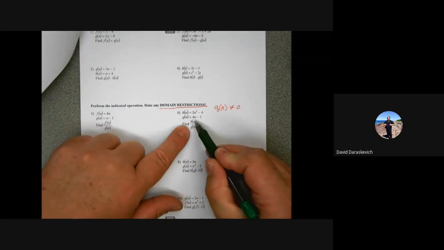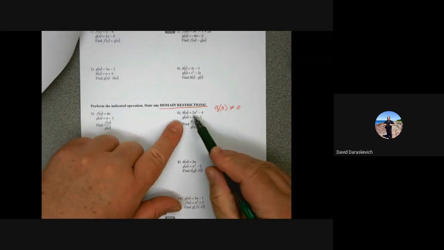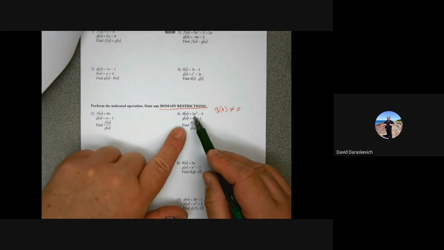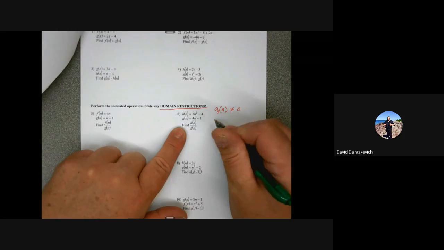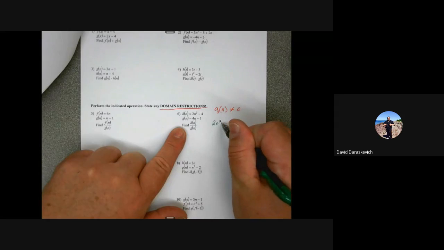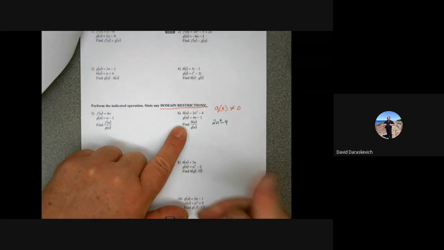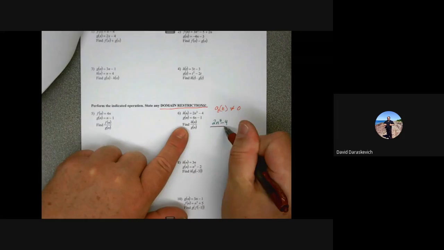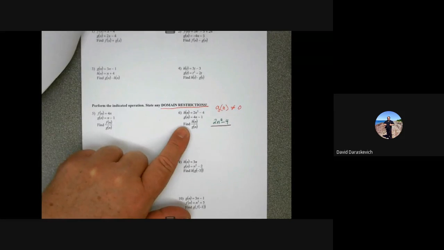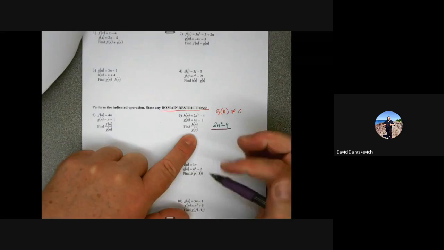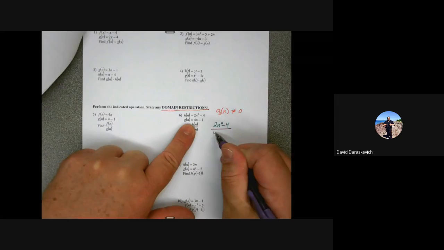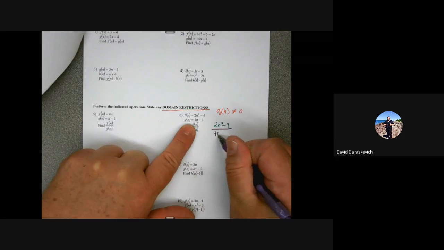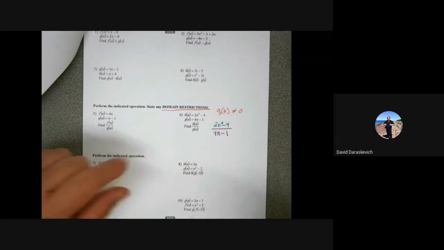So it says find the h of n. So the h of n is 2n squared minus 4, and that's going to be divided by the g of n, which is 4n minus 1.